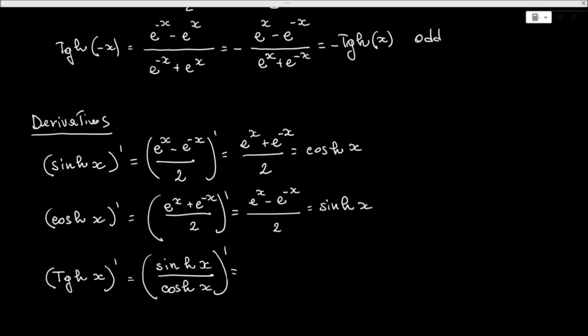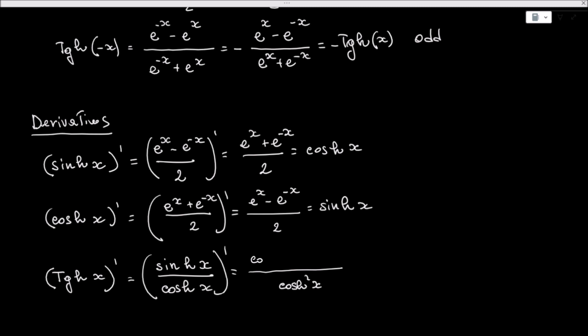And by just applying the rule of derivative of a fraction, we have hyperbolic cosine square of x at the denominator, and then we have the derivative of the sine hyperbolic of x, which is the cosine hyperbolic of x.